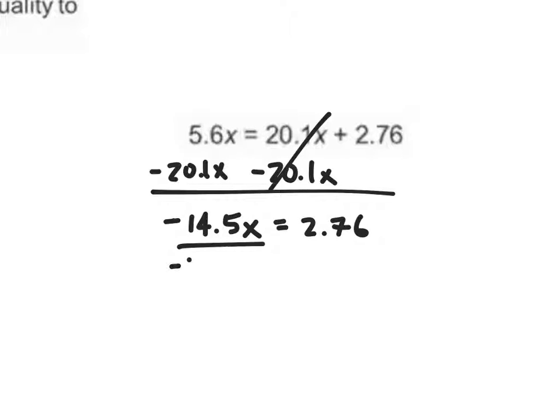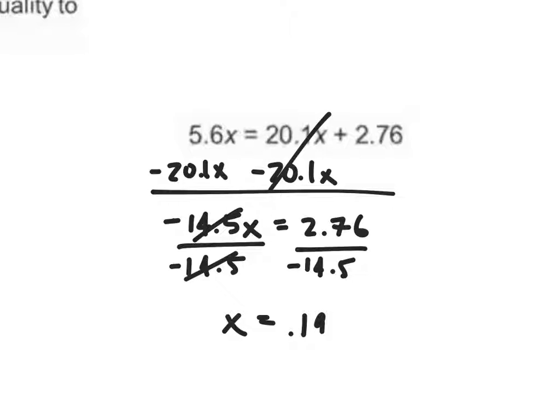Now I'm going to divide both sides by negative 14.5. So those are going to cancel out. So I've got 2.76 divided by negative 14.5. And that's going to give me an answer of x is approximately negative 0.19.